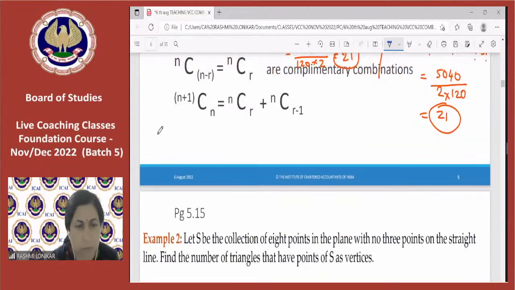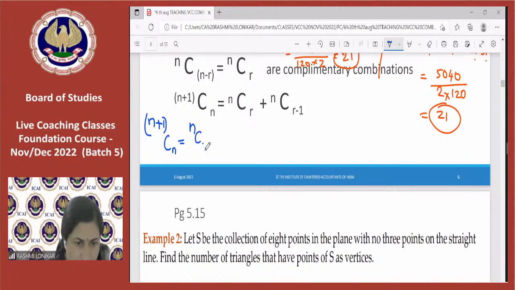The next important formula is this: (N plus 1)CR is equal to NCR plus NC(R minus 1).